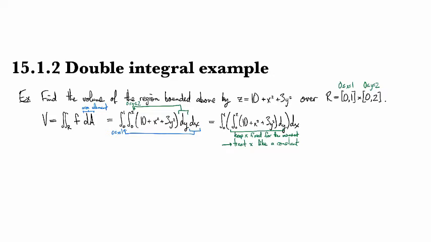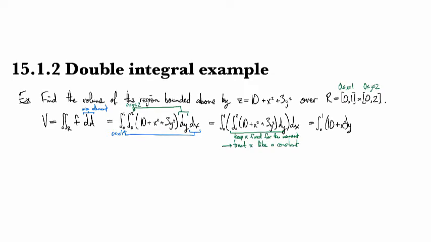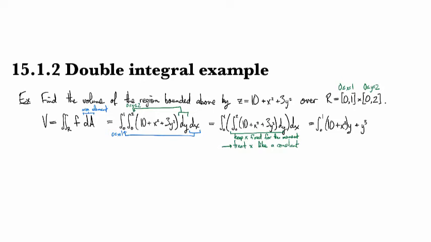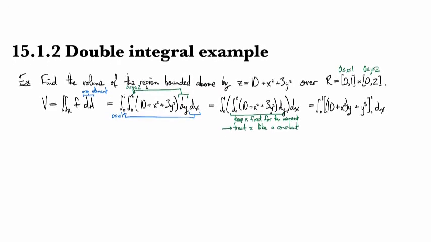Okay, so we work out that inner integral, and it turns out that we get, that first part there, 10 plus x squared, is just a constant with respect to y. So we integrate it to get a y right there. And then we integrate the 3y squared part, and that integrates up to y cubed. And then we have to evaluate that from y going from 0 to 2, and we leave the dx stuff outside, just dangling along.